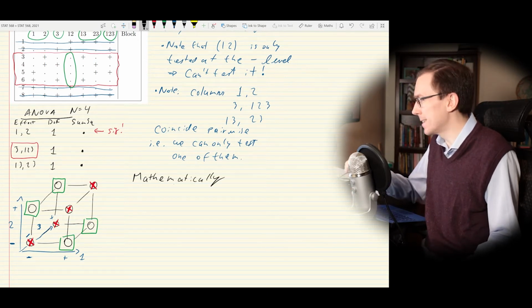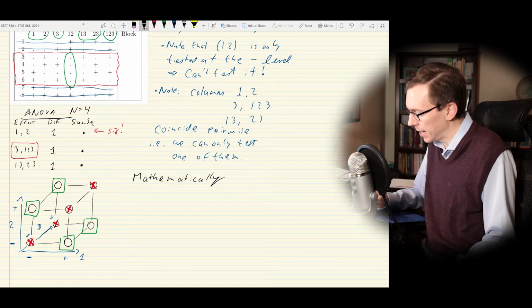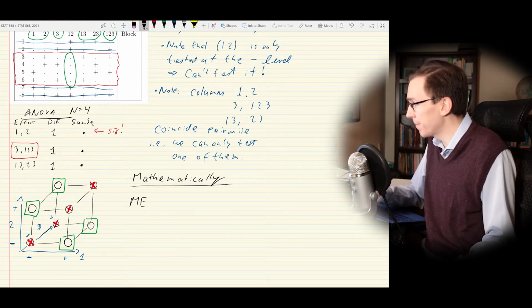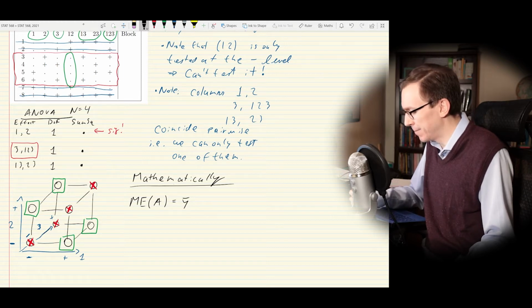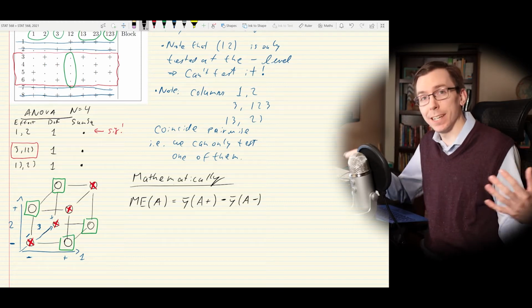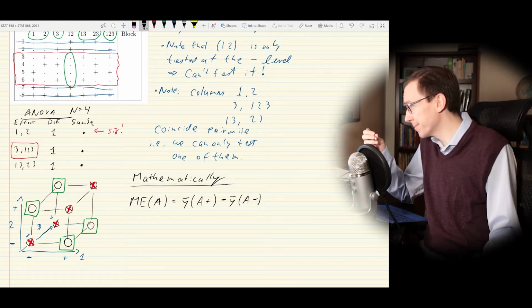We can also write this out in an equation by looking at the computation of the main effect like we did, I believe, 2 lectures ago. So if I want to compute the main effect here for factor A, I'm just averaging all of the observations where A takes the value of plus, and then I'm subtracting the average of all of the measurements where A takes the value of minus, just like we did 2 lectures ago.